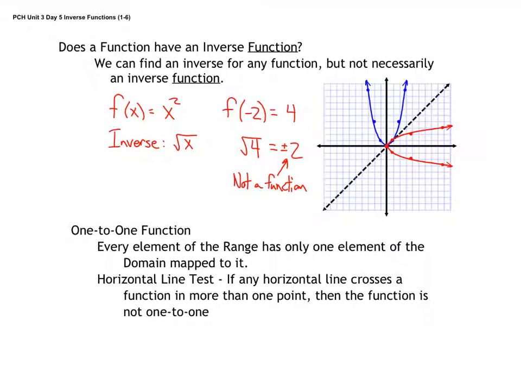Now, one thing I could do to this is limit the domain. I could say I'm only going to look at f of x equals x squared when x is greater than or equal to 0. If I do that, notice I've eliminated this whole half of the graph.